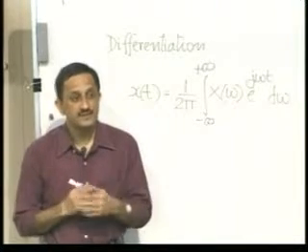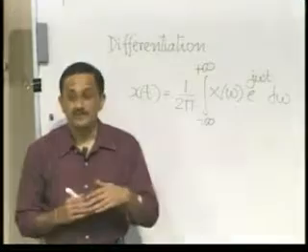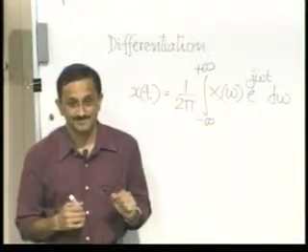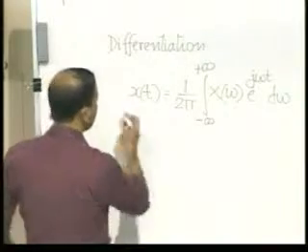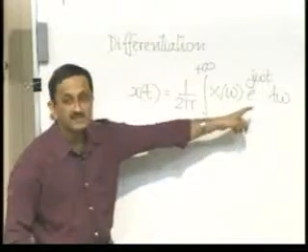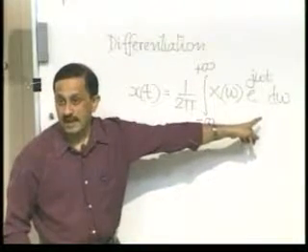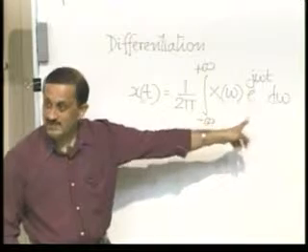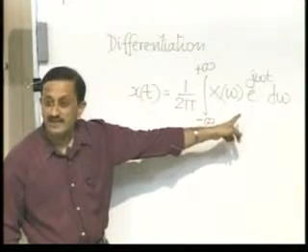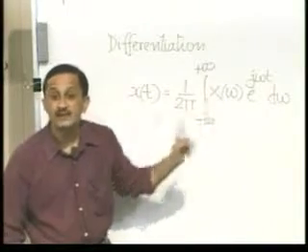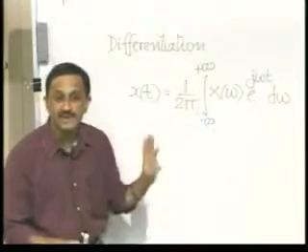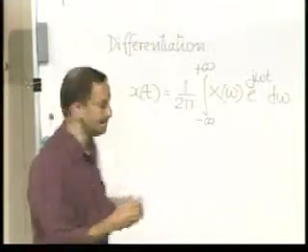Our intention is to find out what happens when we differentiate the waveform x of t. What happens to the Fourier transform? So let's differentiate both sides with respect to t. Now we can do that because this integral is on omega. And if the integral is convergent, then under a wide class of conditions, one can also rearrange the ordering of differentiation and integration. We will first differentiate both sides with respect to time.